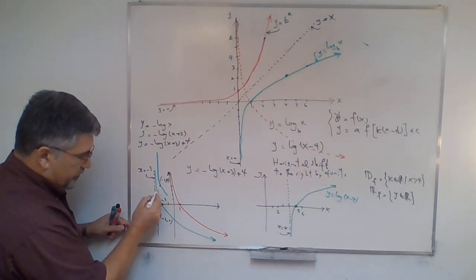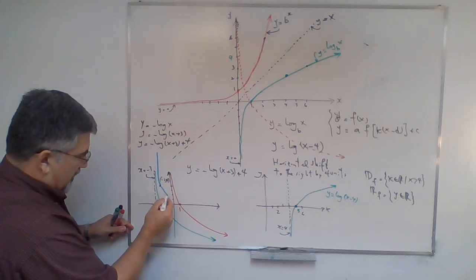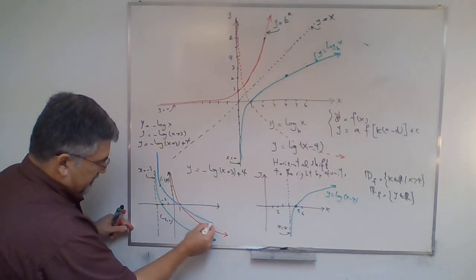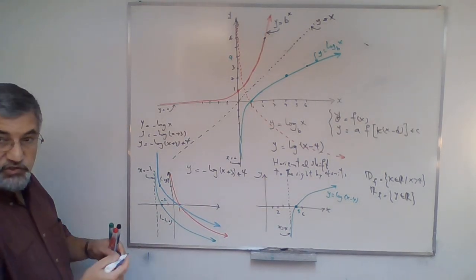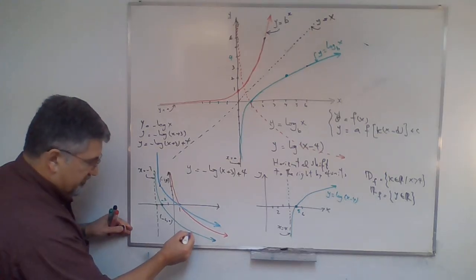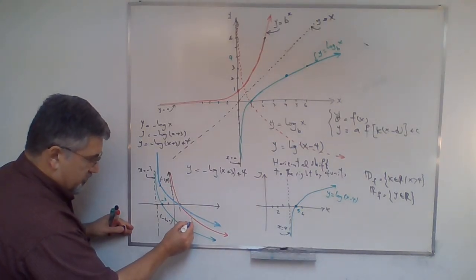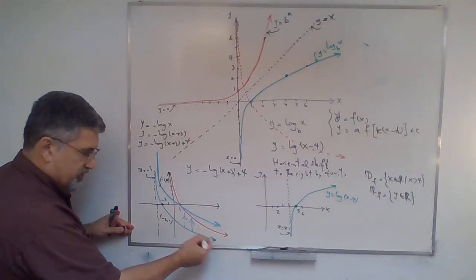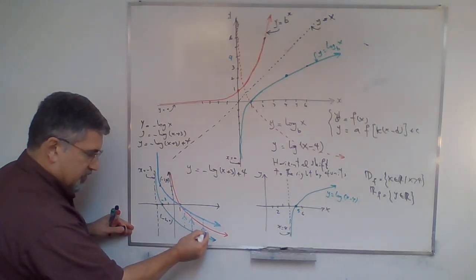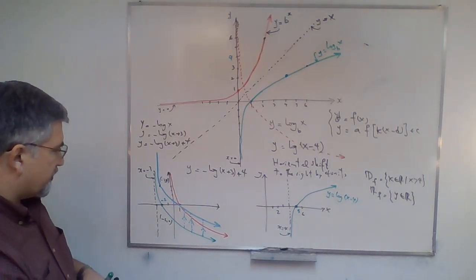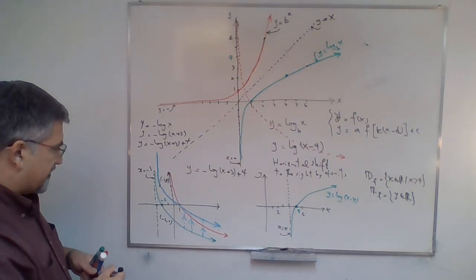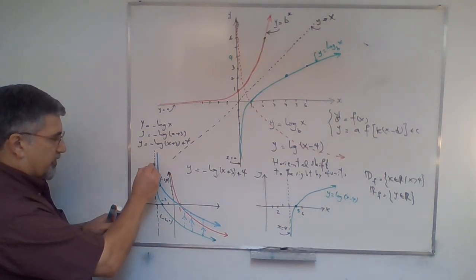Roughly something like this. This is a sketch, of course, but it shows that every single point is being shifted up by 4 units. Every point on the green graph you consider is going to be vertically shifting up 4 units. And I don't think it affects the vertical asymptote.